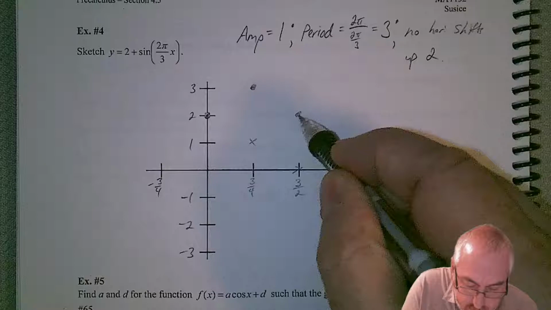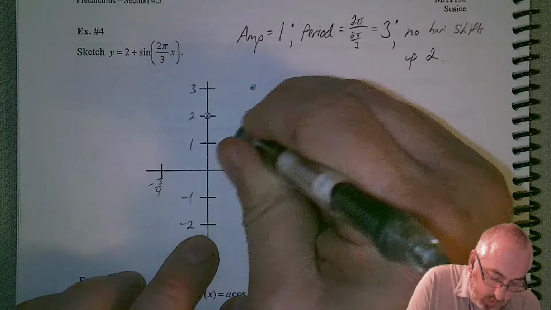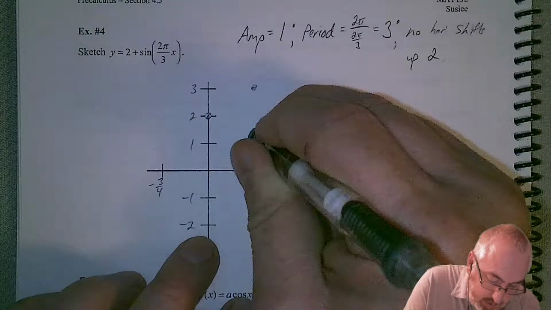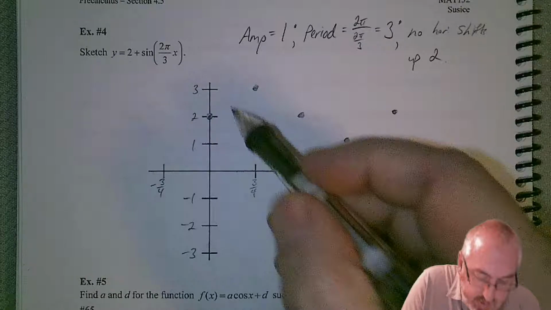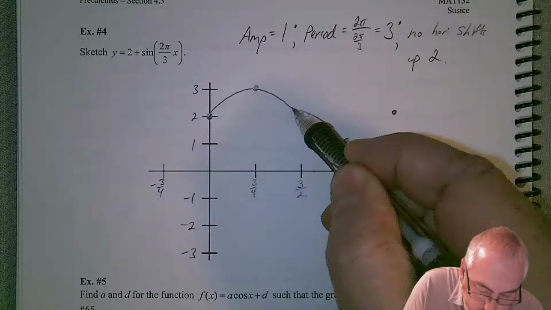This one, 1, 2. 1, 2. So our sine curve is kind of floating above the x-axis, but that's all right. And now let's sketch it in. And there we have it.